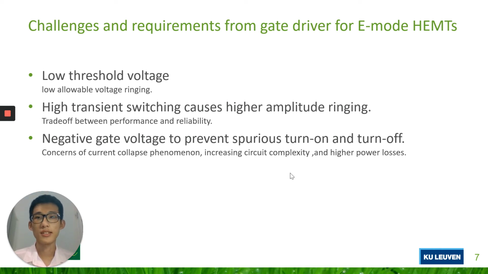But here arises another problem, which is that when you apply bias voltage and the device is off, the current collapse phenomenon, increased circuit complexity, and higher power losses are the potential threats for the application. Moreover, if we have to apply negative voltage during off-state, then it makes no difference whether it's the enhancement mode HEMT or depletion mode HEMT.